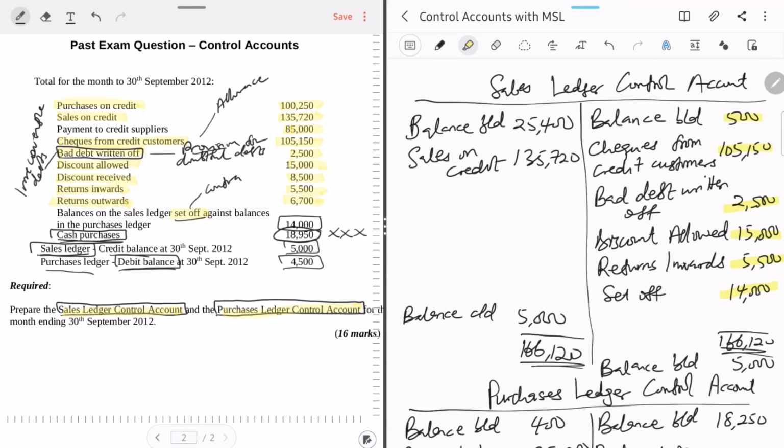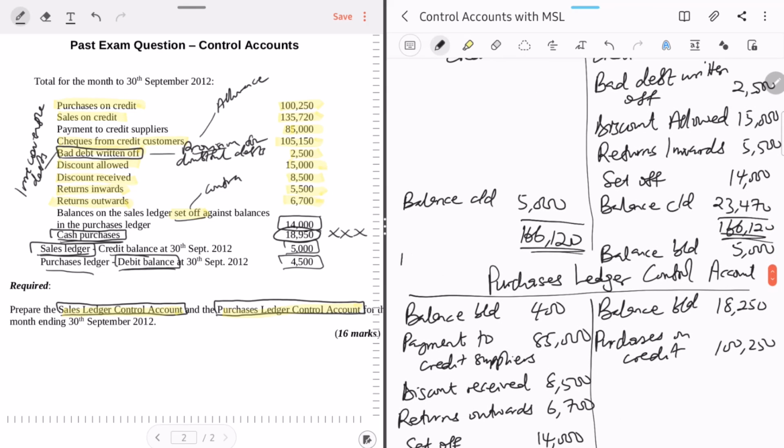What does that give me? It gives me a figure of 23,470. So it means my balance carried down is 23,470. It is the same figure that will come here next month as my balance brought down, 23,470.